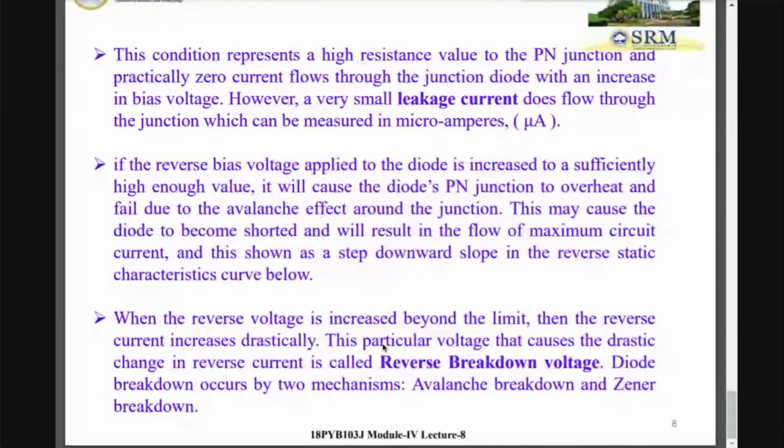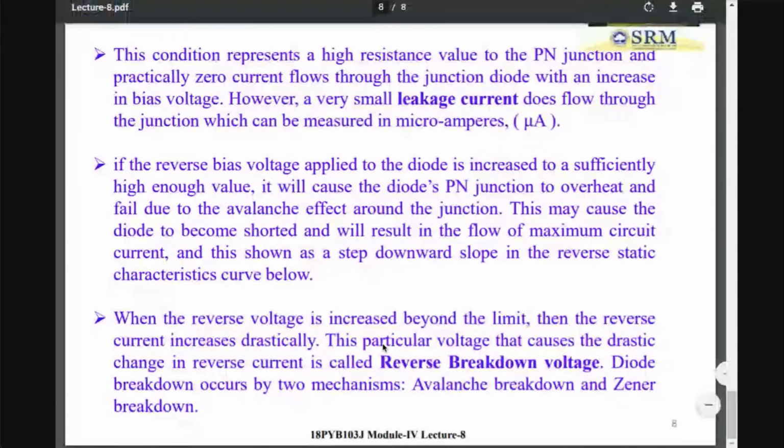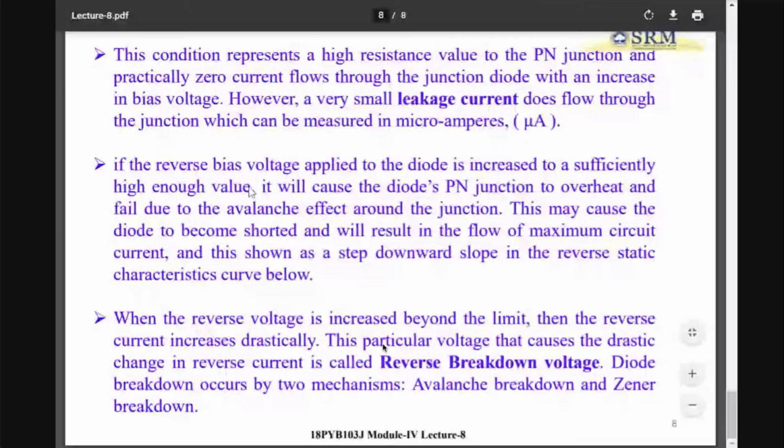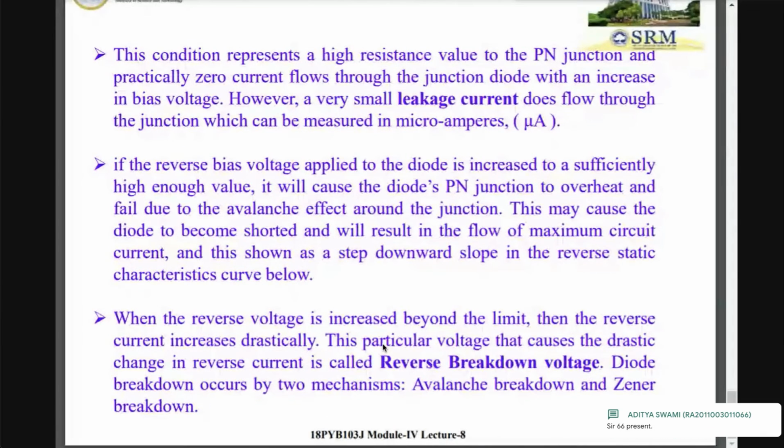So when pure germanium or silicon is doped with certain impurities, the defects may be filled by these impurity atoms. Is it correct? Yes, sir. I think you studied the different types of defects. Any doubts in this lecture 8? No, sir. Okay, then I will stop.